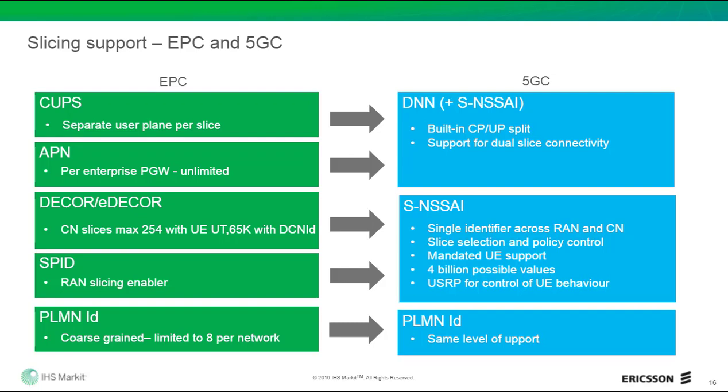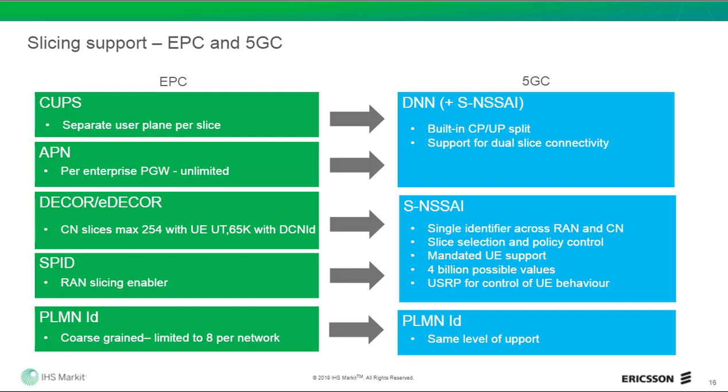And when we look at those mechanisms, on the left side here you see the EPC, the 4G era, and there we have a set of mechanisms already since before the term network slicing was coined that can be used to realize network slicing. There have been concepts of having multiple PLMN IDs for HSS.